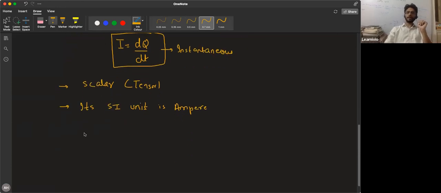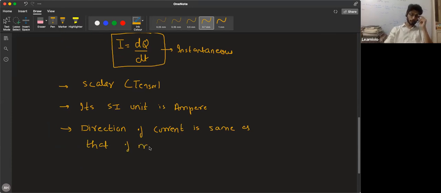Although current has a direction, the direction of current is same as that of motion of positive charge.